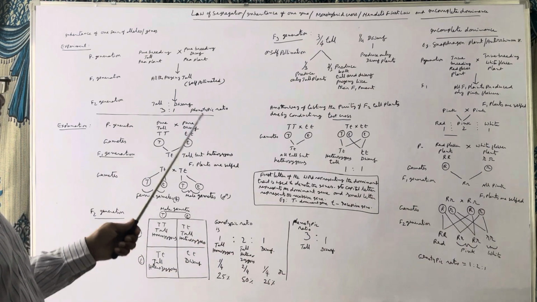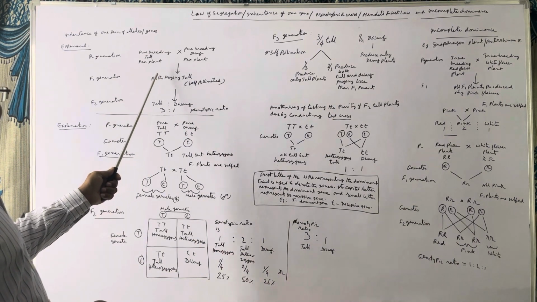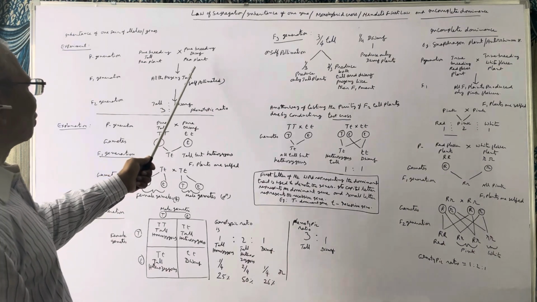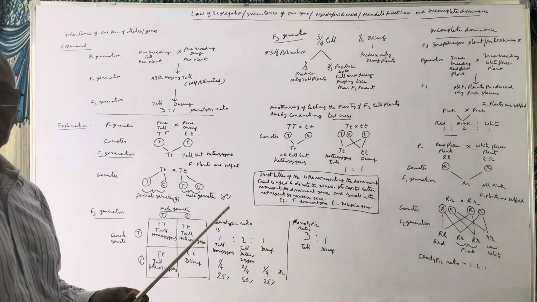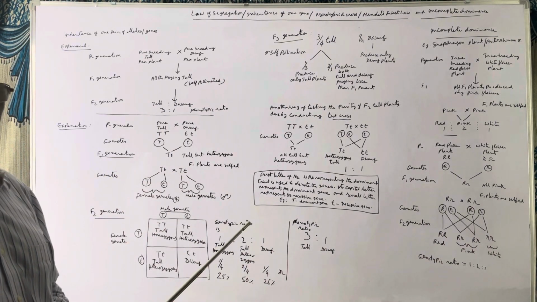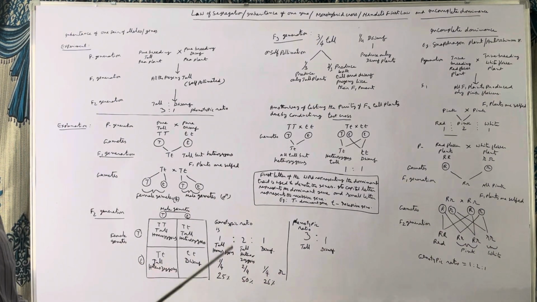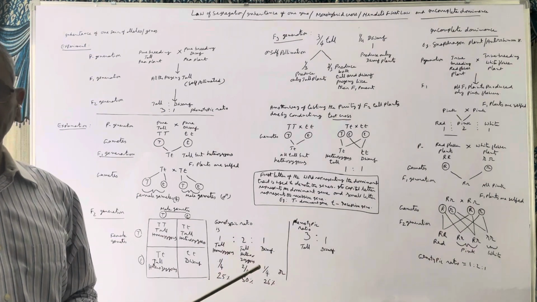Then what he did? He carried out a cross-pollination between the pure breeding tall plant and the pure breeding dwarf plant, and he got a progeny. That progeny is called the F1 generation or first filial generation.